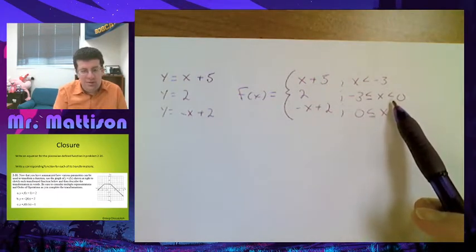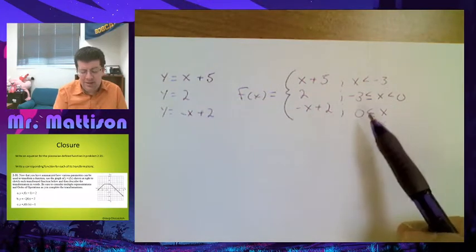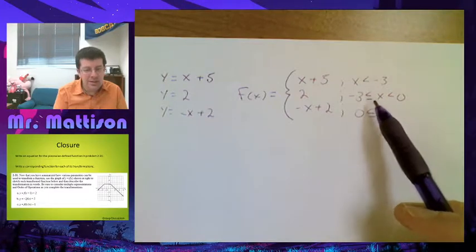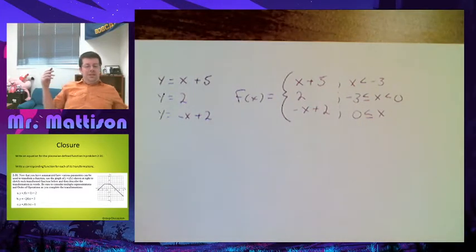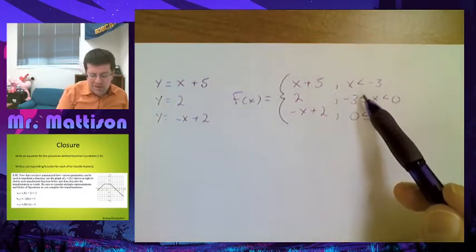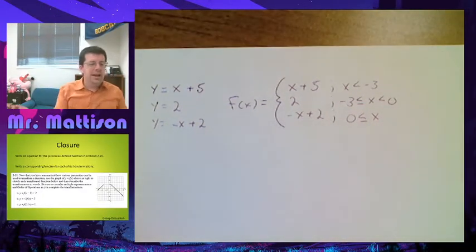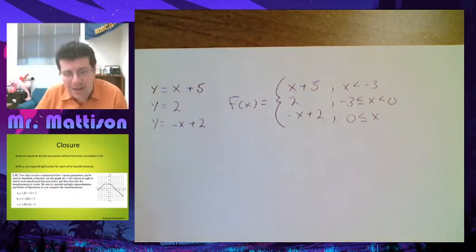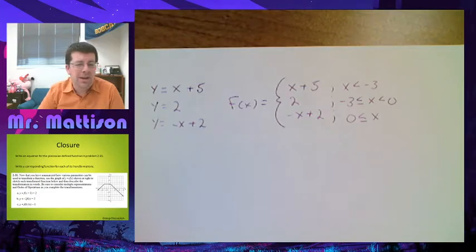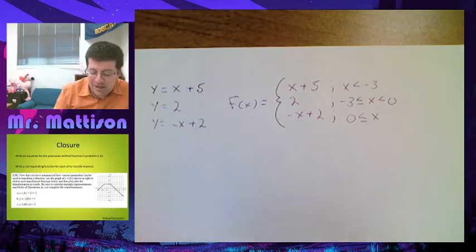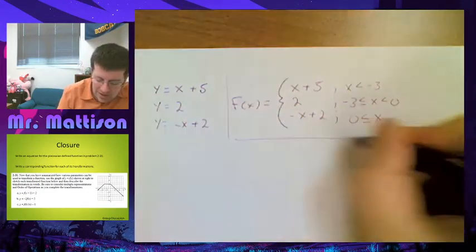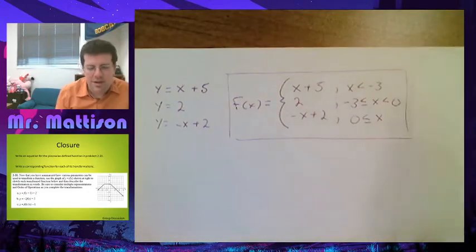So this is not or equal to, but this one is, and this one isn't, and this one is. So since they all meet up, I could change it and put this as the or equal to and this not, and vice versa here. But as long as you don't have two things trying to give you the same domain, it doesn't really matter as long as they intersect. So that would be a piecewise function for that particular part.